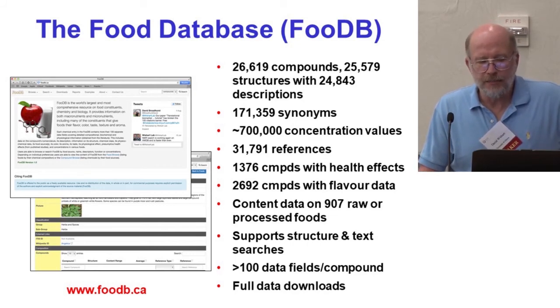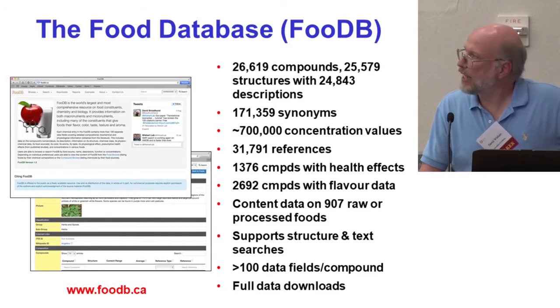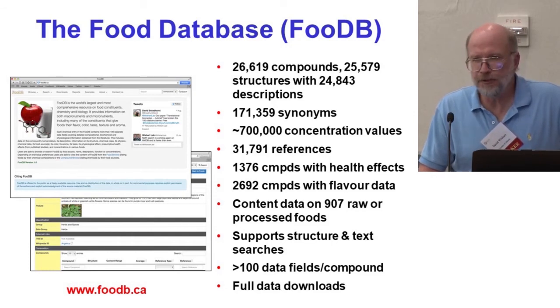The information in the database, again open access, has hundreds of thousands of concentration values, thousands of references. It also tracks health effects and flavor or taste data. It allows you to search by structures, by text, by food classes, compound categories.